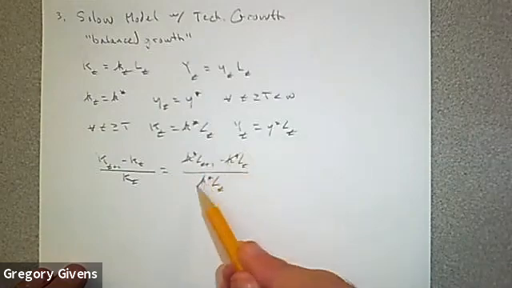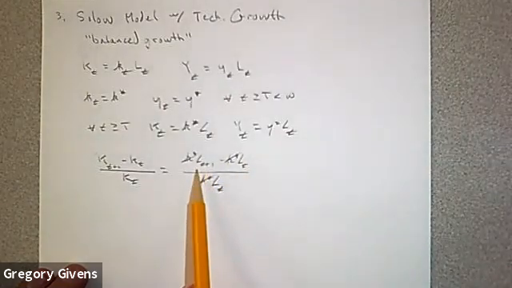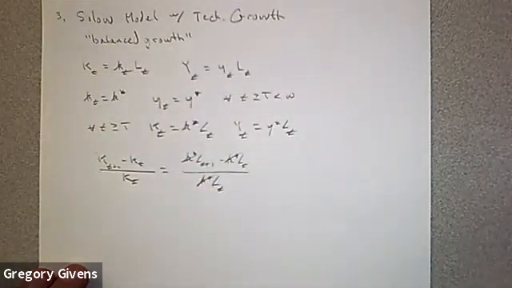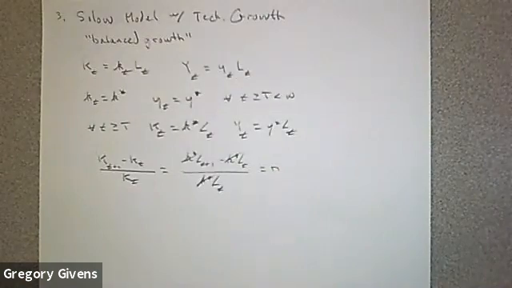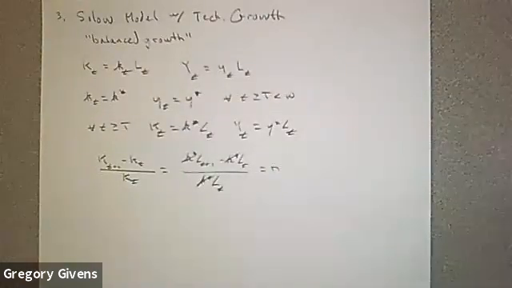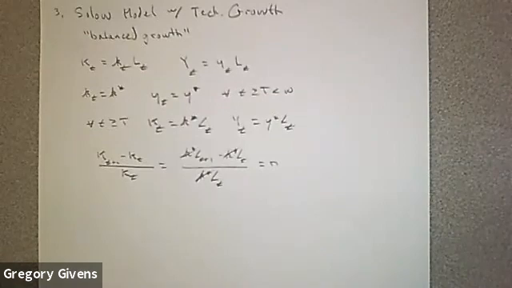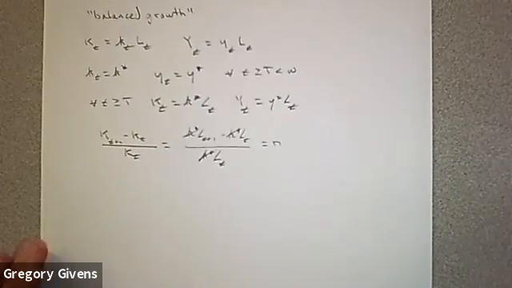The K stars cancel, and we're left with L_{t+1} minus L_t over L_t. And what's that equal to? That's just the growth rate of labor, which is equal to n. So you see, once we've reached the steady state or the balanced growth path of the model, the growth rate of the capital stock in the Solow model is just equal to the growth rate of the population.